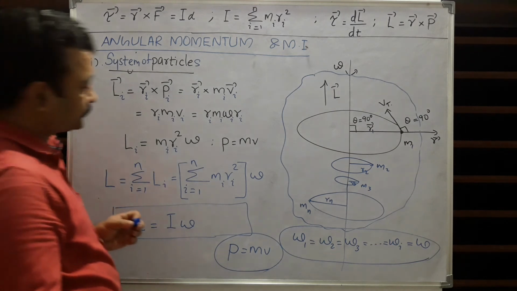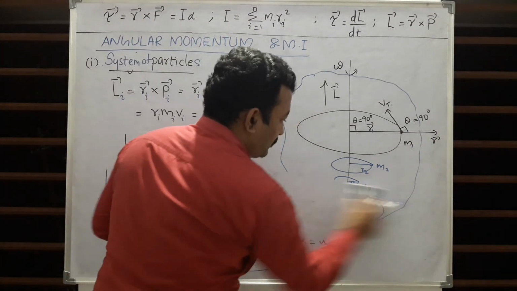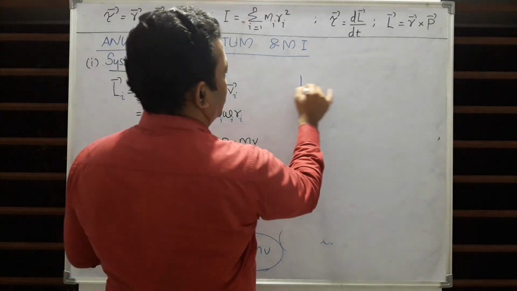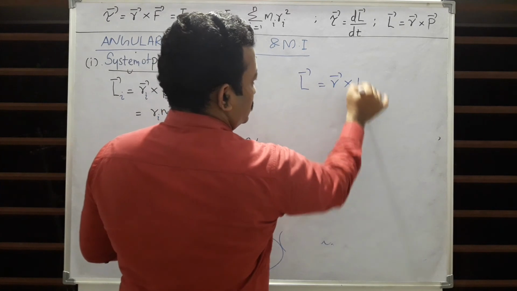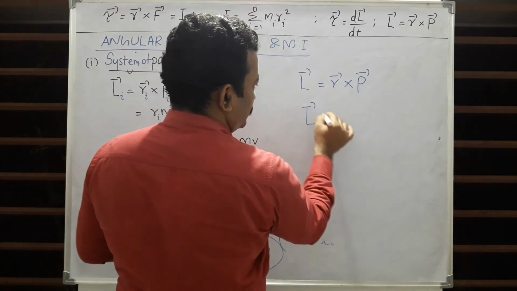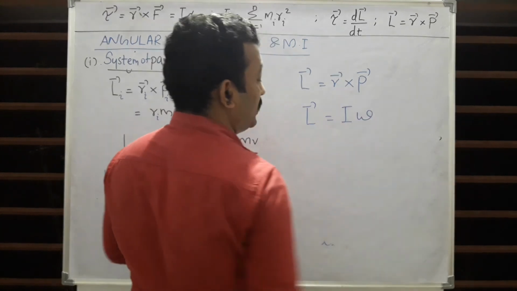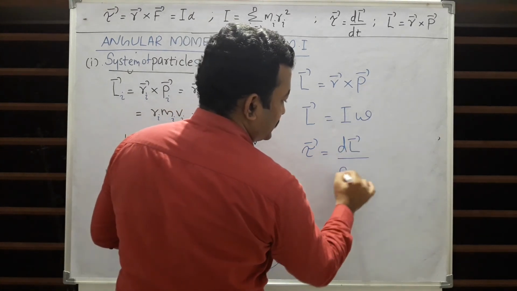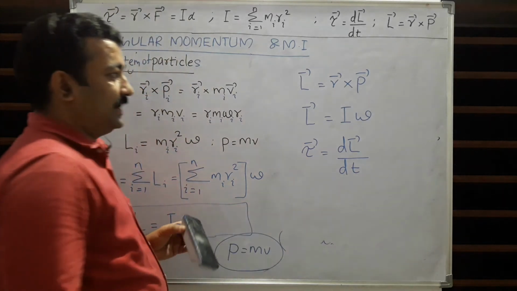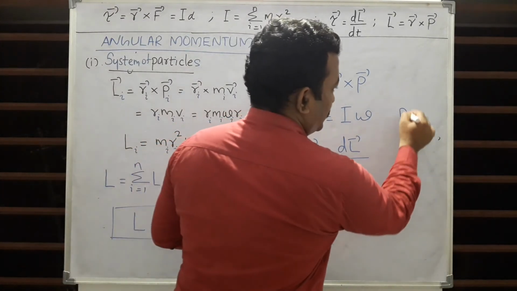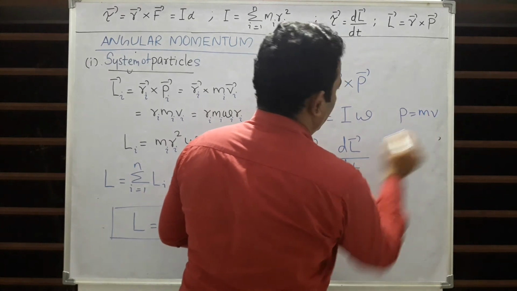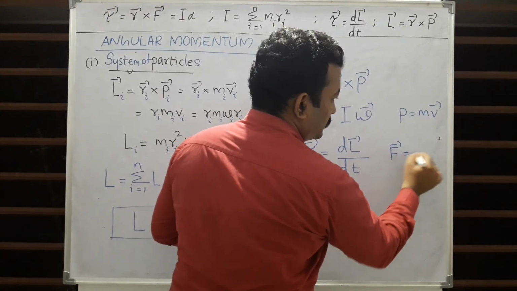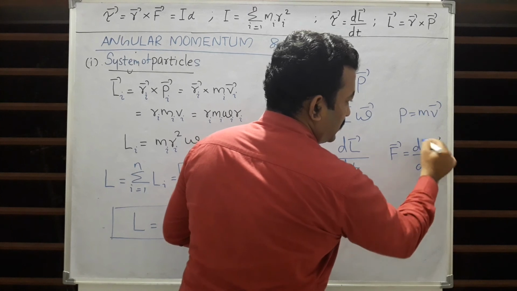To conclude, the angular momentum of rotation of a system of particles is L is equal to r cross p, or this can also be written as I into omega, which makes our second law very sensible, because L is equal to I omega is similar to P is equal to mv, and tau is equal to dL by dt is similar to F is equal to dp by dt.